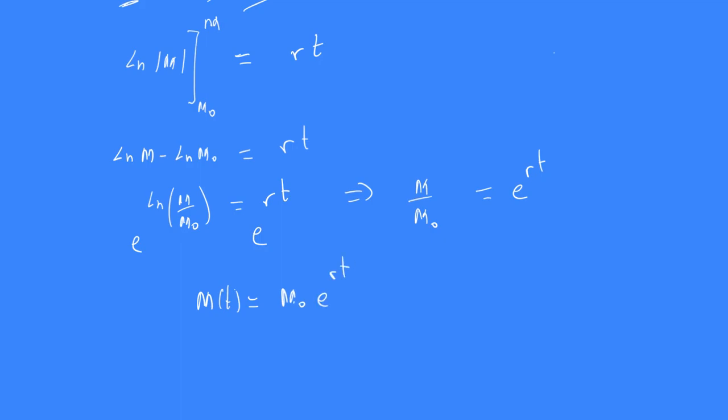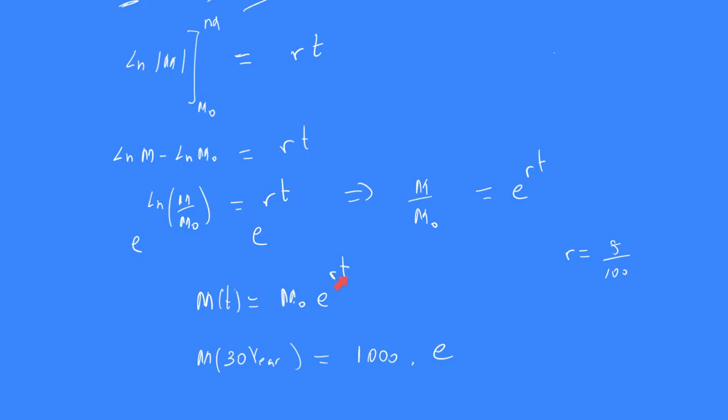So in our problem, m of 30 years is the amount of money that you start with, the $1,000, multiplied by e raised to the power r, where r is 5% per year, multiplied by 30 years, r times t.